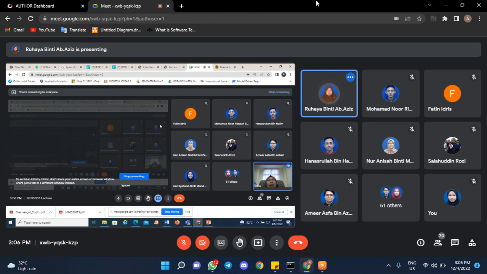Sebab RSA size key dia besar, dan ECC dia guna smaller key. So dia lebih cepat, proses nak securekan tu lebih cepat. Tapi RSA size bit tu lagi besar, so dia akan takes more time.